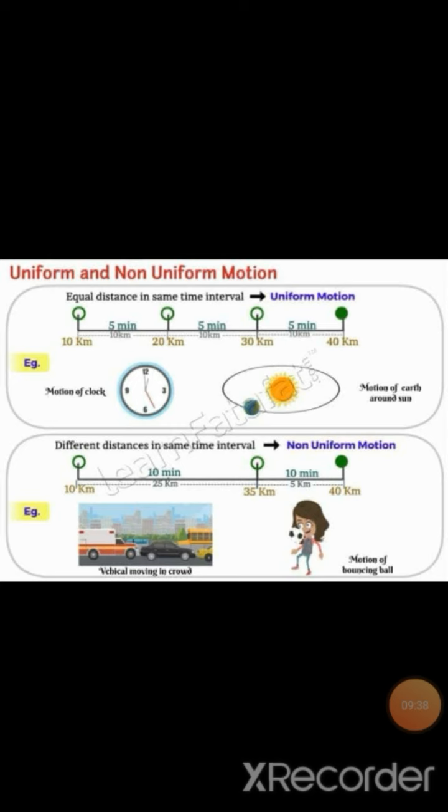Such motion is said to be non-uniform. That means when a body covers unequal distances in equal intervals of time, it is said to be in non-uniform motion. In the next module, we will be learning about rate of motion.